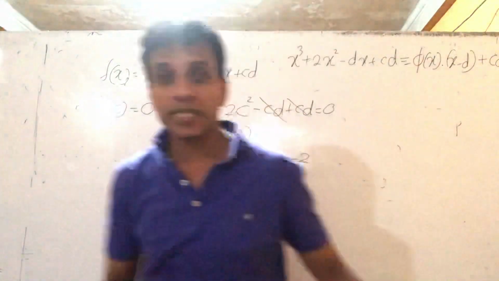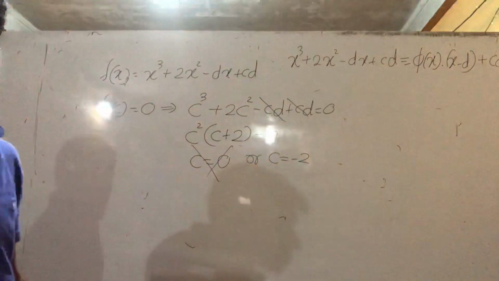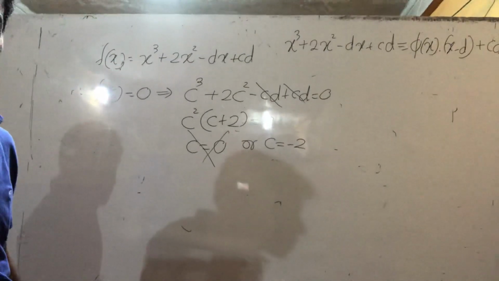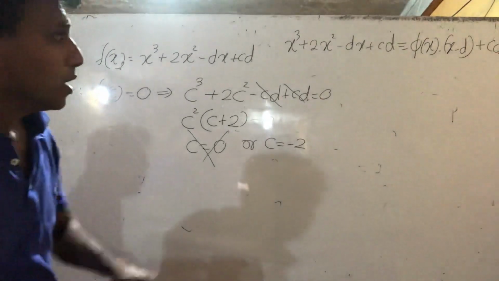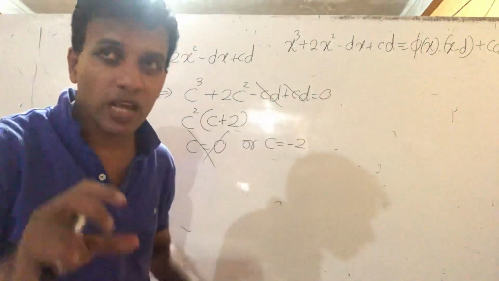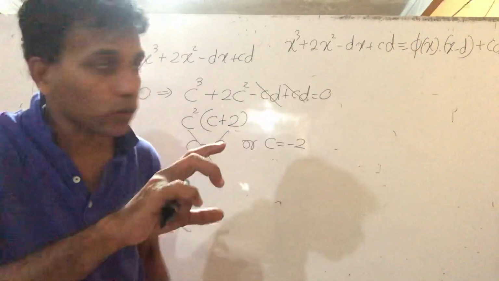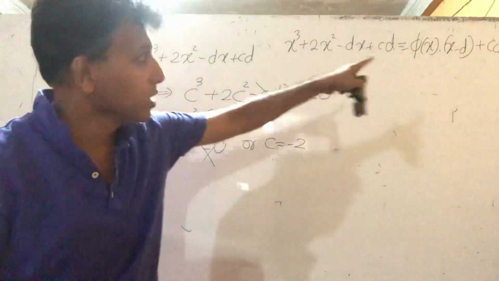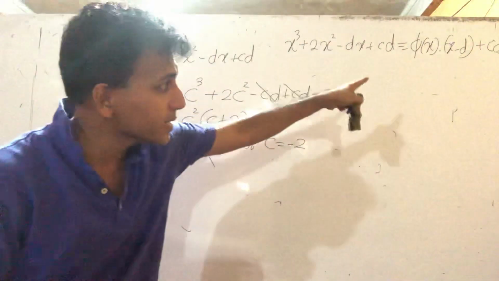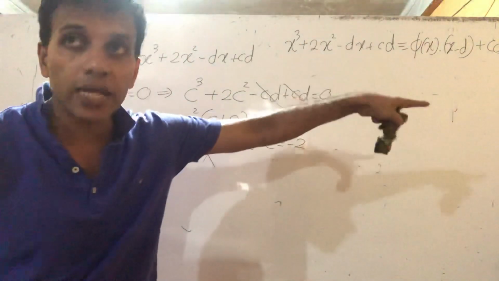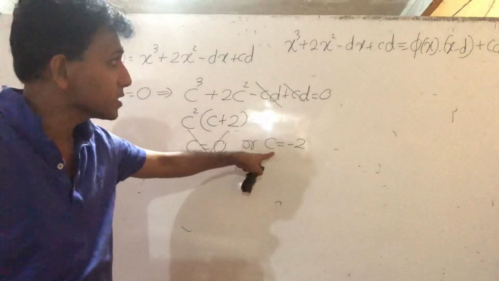Okay, can you see? Plus the remainder is cd. Better you mention the quotient as an answer, and you can write the ordinary pattern: polynomial is answer into divisor plus the remainder. So you know c.